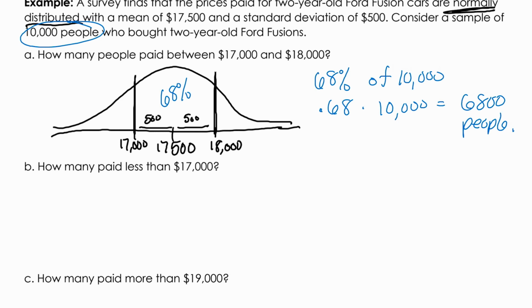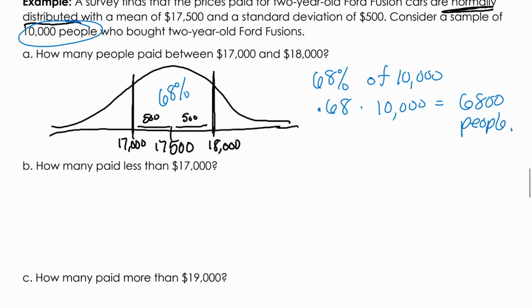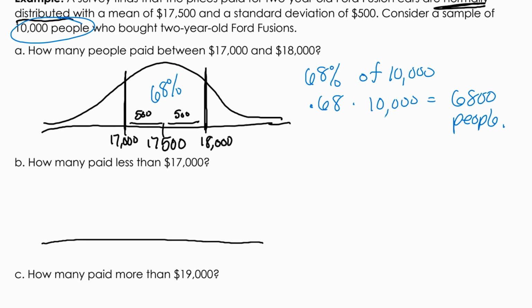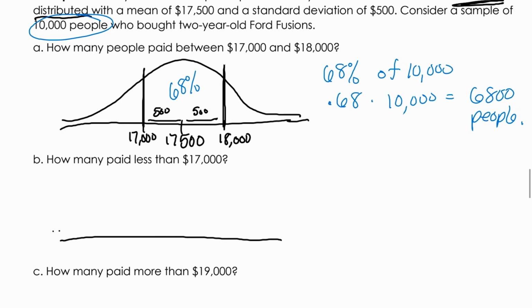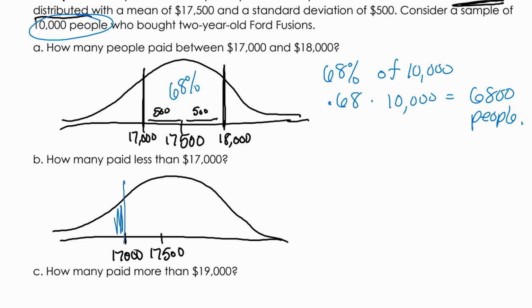Okay, now part B says how many people paid less than 17,000. Well, if I look at this bell-shaped curve again, 17,500 is in the middle, and we know if we went one standard deviation to the left, that gave me the 17,000, and the question is asking how many paid less than 17,000, so we want to see what this portion of the graph represents, what percentage.